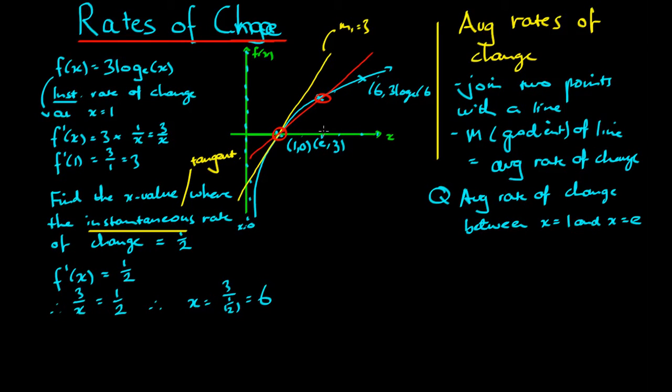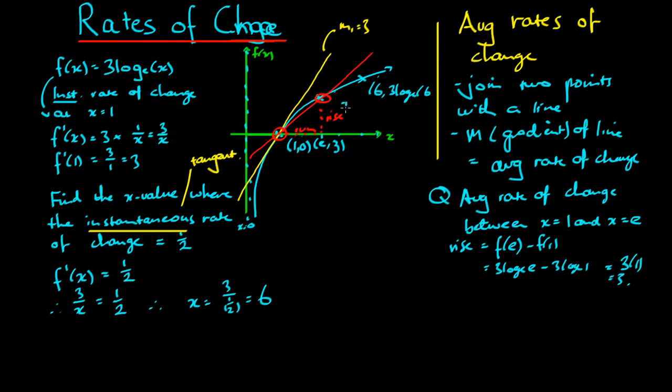Now the gradient of the line is equal to rise over the run. So first of all, let's find the rise. Rise is equal to the height of this point up here, which is equal to f of e, take away the height of this point here, which is equal to f of 1. So that becomes 3 log e e, take 3 log e 1. That's equal to 3 times 1 equals 3.